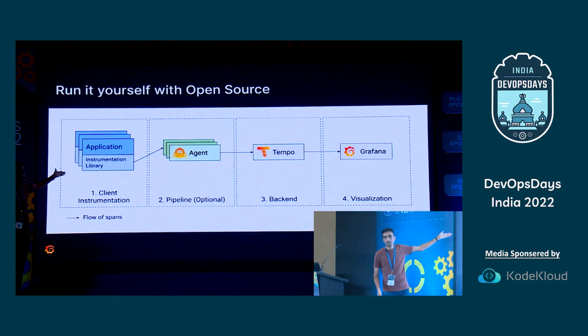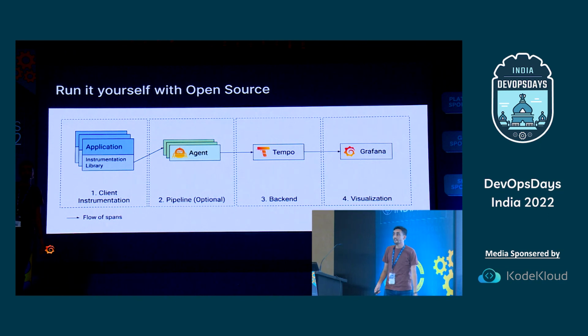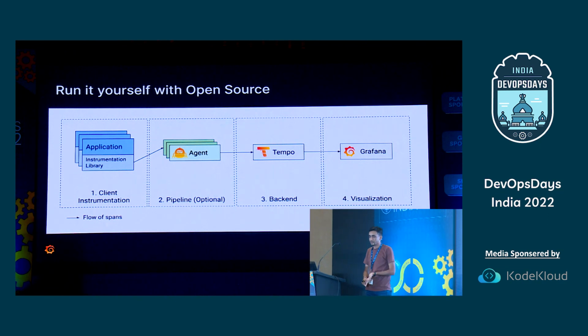Instrument your application using an instrumentation library. There are many instrumentation libraries. There is one from OpenTelemetry. That's the popular and recommended way. There is a Jaeger library that is deprecated, and then there is OpenTracing that is also deprecated in favor of OpenTelemetry. And then there is the Zipkin client library.